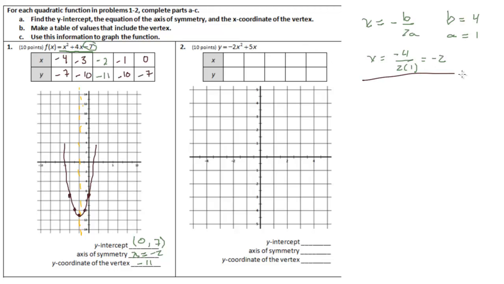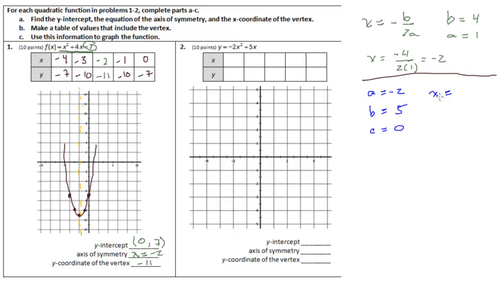On the second equation that we need to graph, let's say a is equal to -2, b is equal to 5, and c is equal to 0. So let's start with finding the x-coordinate of the vertex, and that will also give us the axis of symmetry.